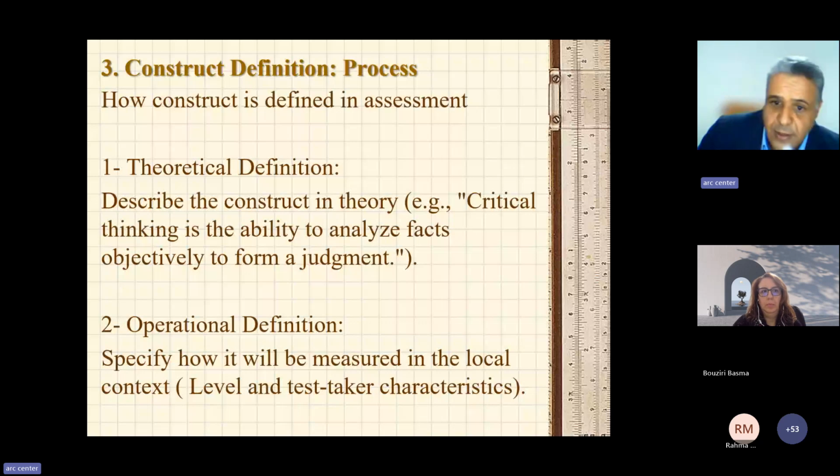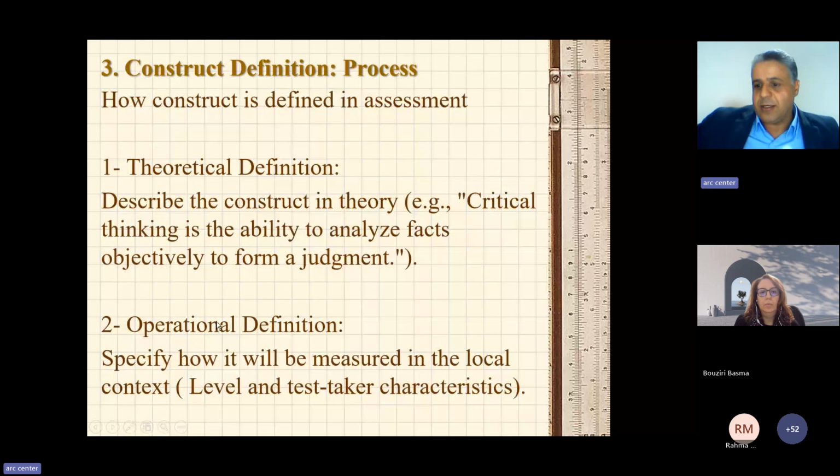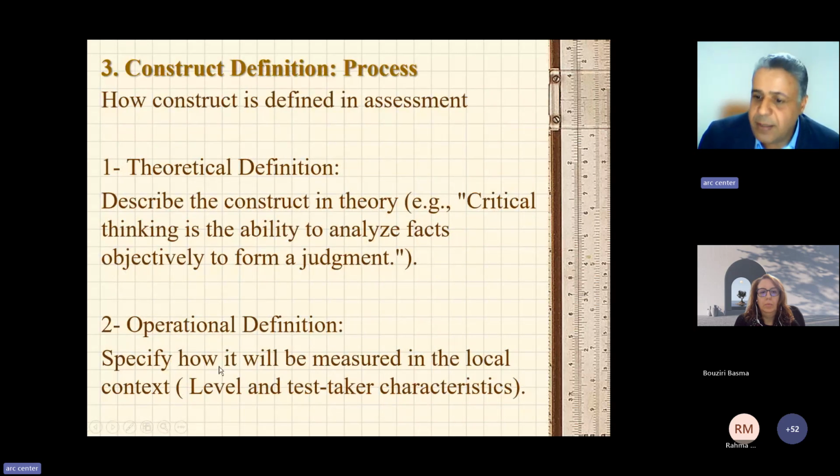Then, in construct definition, we should do what we call operational definition. In operational definition, you need to specify how it will be measured in the local context based on the level and test taker characteristics. So I take that theoretical definition and apply it to the level that I am teaching.